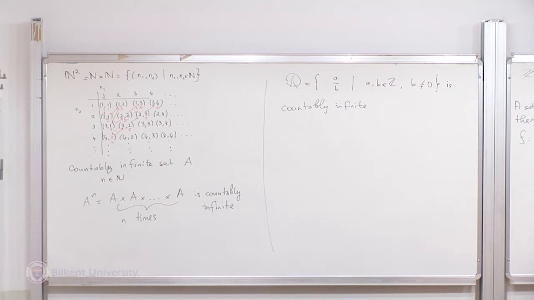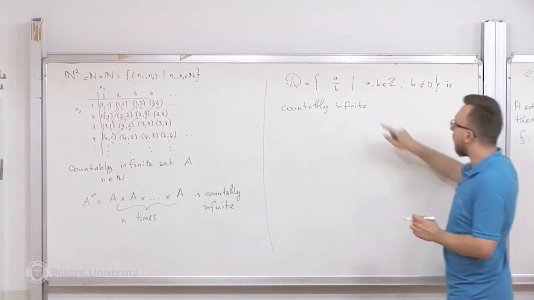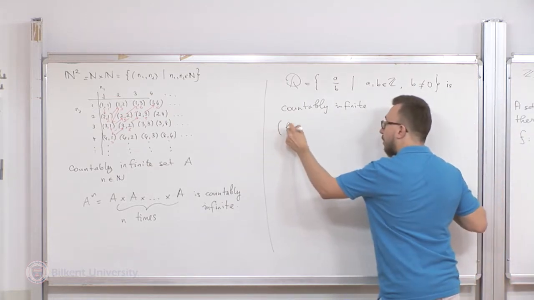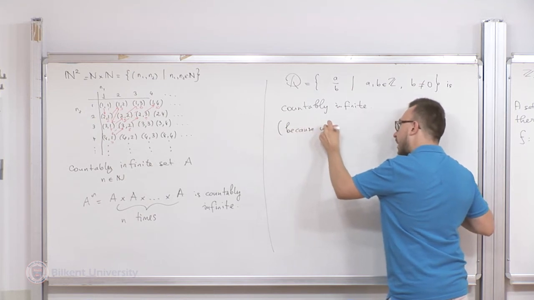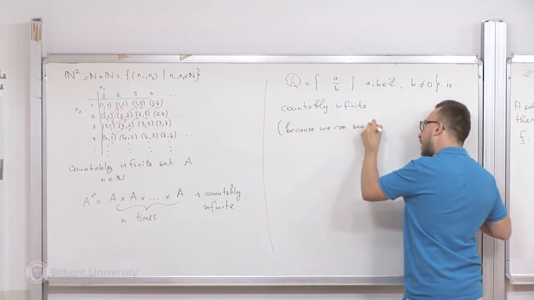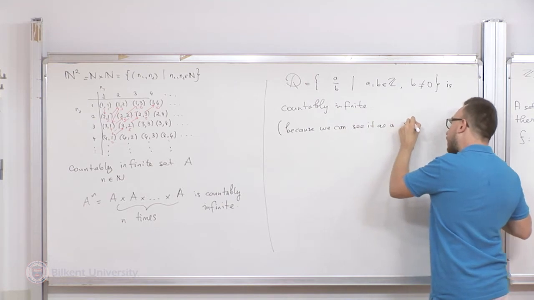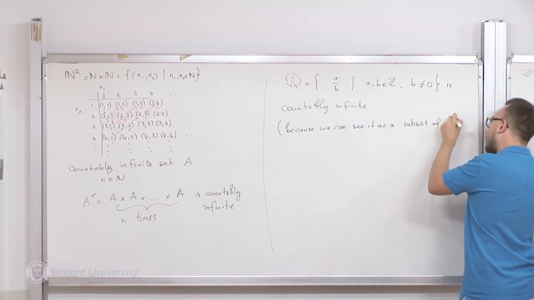And since Q can be seen as a subset of Z squared, and Z squared is countably infinite, Q must be either finite or countably infinite. And we all know that Q is not a finite set, so it must be countably infinite. So this is also a countably infinite set, because we can see it as a subset of Z squared.